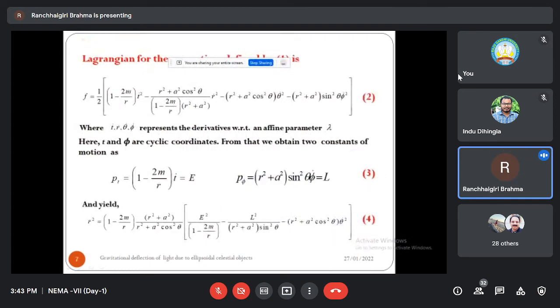Using this line element, we obtain a Lagrangian for the space-time due to an oblate ellipsoidal object. This is represented by equation 2, where t dot, r dot, theta dot, and phi dot represent the derivatives with respect to an affine parameter. Here we can see in equation 2, the Lagrangian, that t and phi are cyclic coordinates.